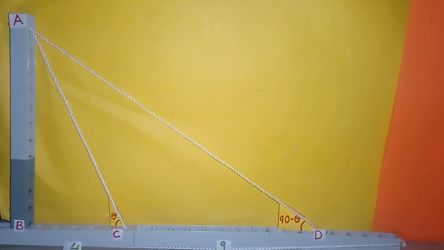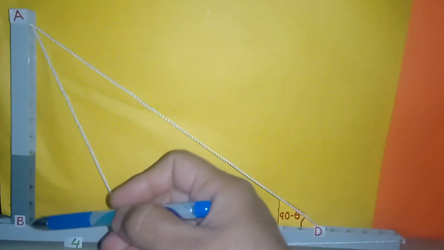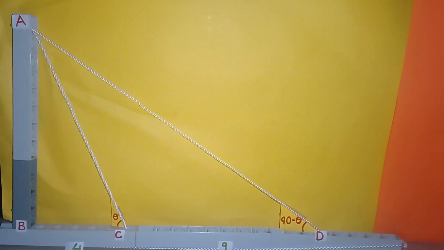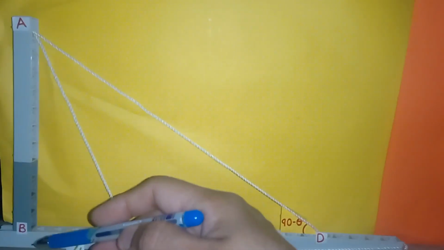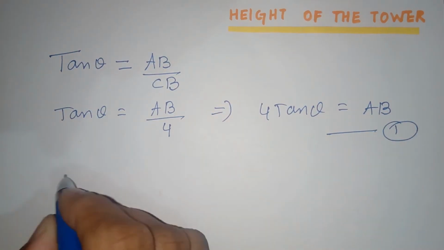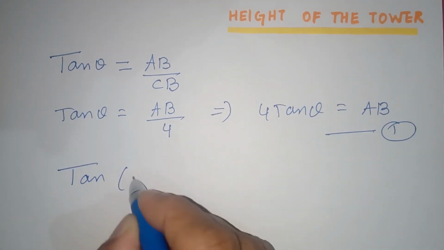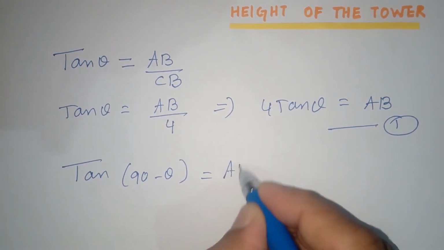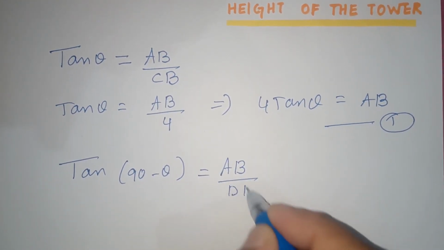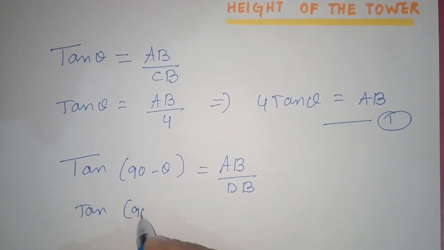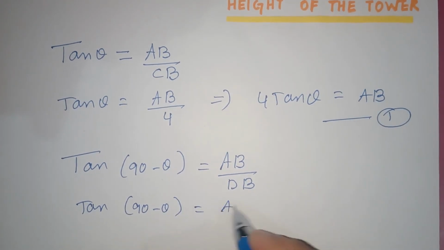Consider the right angle triangle ABD. Let us use the trigonometric ratio tan. Tan of 90 minus theta equals opposite side AB by adjacent side DB, which equals AB by 9.